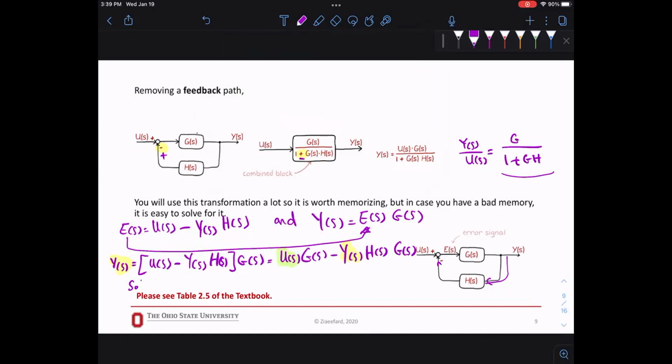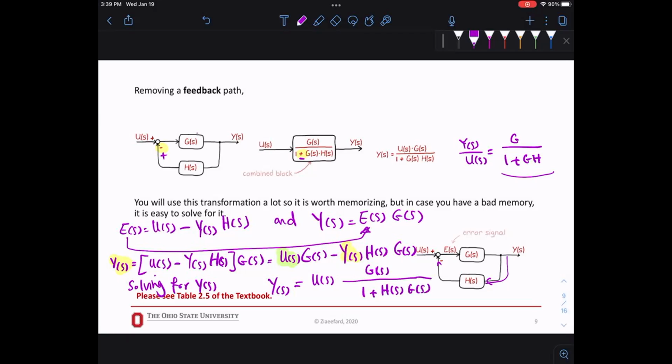So solving for Y(s), I'm going to write the final solution, but you can feel free to move this one over there: Y(s) plus Y(s)H(s)G(s). So it's Y(s) equals U(s) times G(s) over 1 plus H(s)G(s).